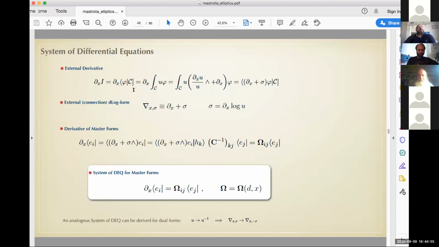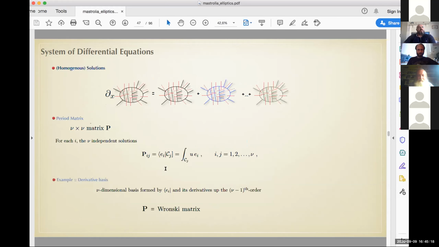Instead, the action of the external connection on the integral generates a new differential form, still belonging to the same set of forms that we have been playing with, and therefore we can use the projection formula once again to derive a system of differential equations.